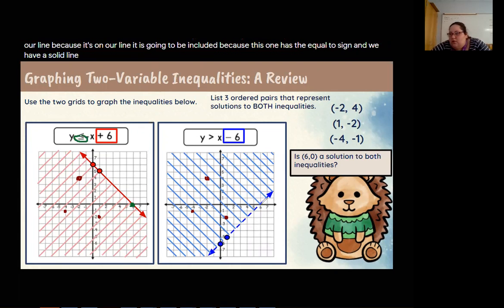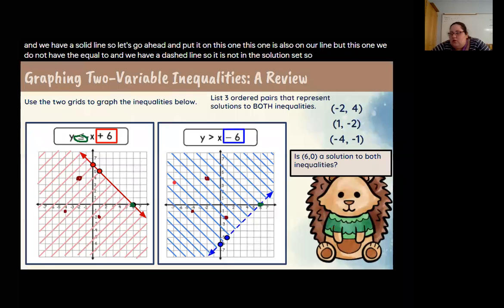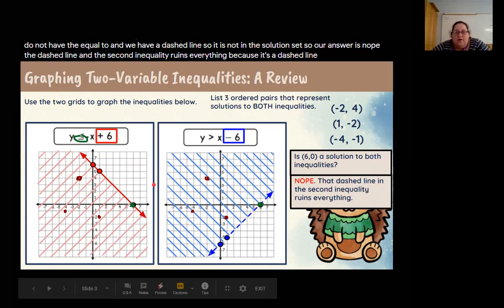So let's go ahead and put it on this one. This one is also on our line, but this one we do not have the equal to and we have a dashed line. So it is not in the solution set. So our answer is nope. The dashed line in the second inequality ruins everything because it means we do not include that value.